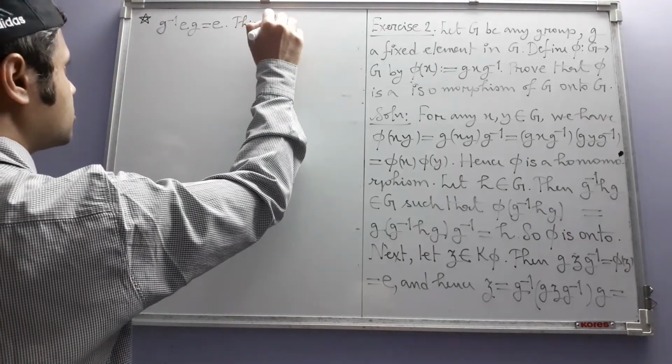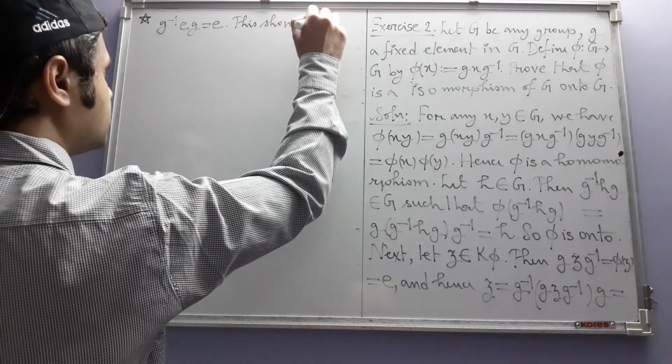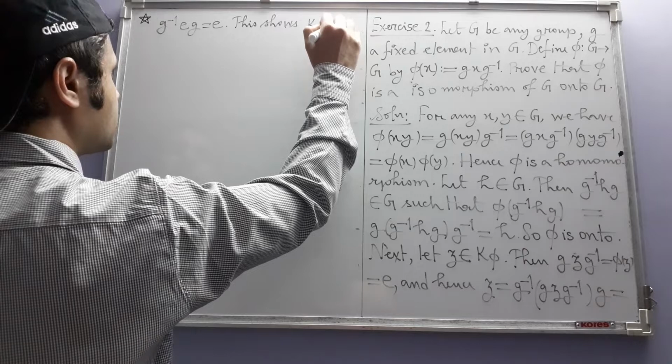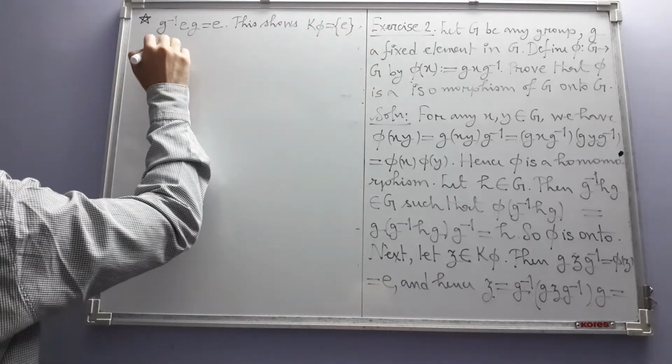This shows that the kernel of phi is the trivial group.